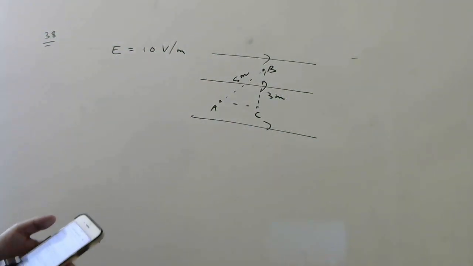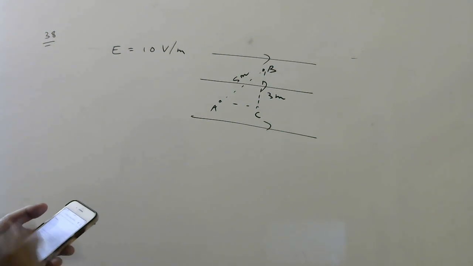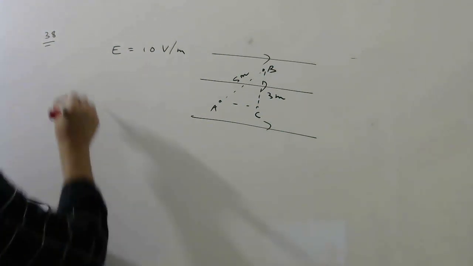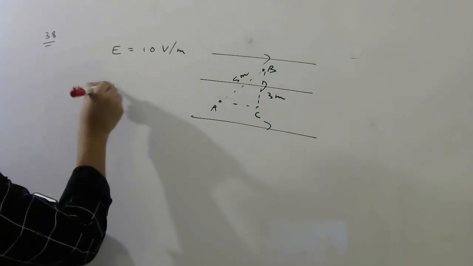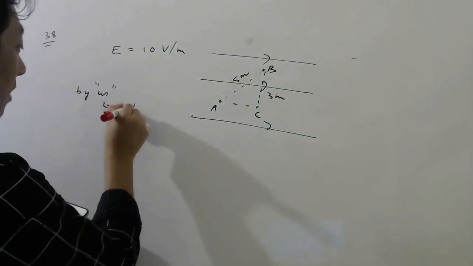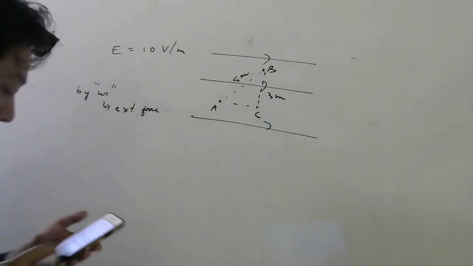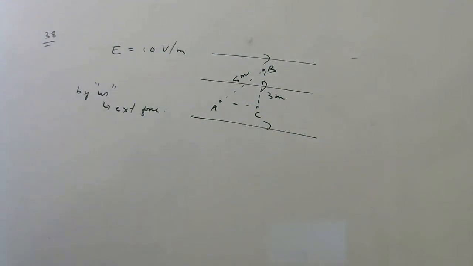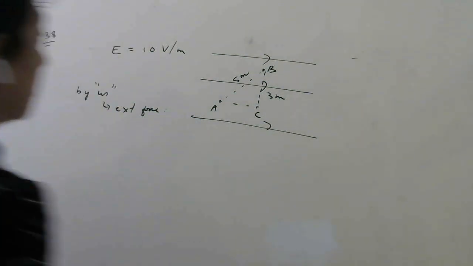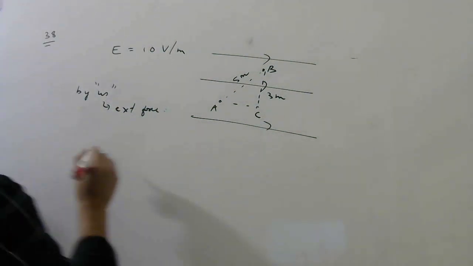They are asking the amount of work done on the electron by us. Us means here the external force, not the electric force. Okay, students. So how do we do this? Let us use the formula directly.